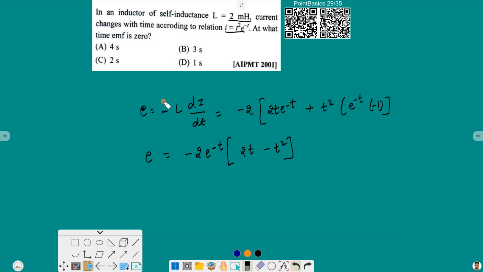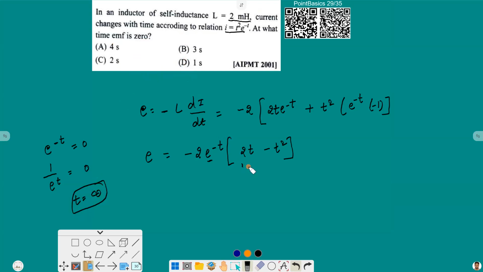As mentioned, the EMF should be 0. EMF will be 0 when either this term is equal to 0, and to reduce this term to 0, we need e raised to power minus t to be equal to 0, or we can say 1 by e raised to power t is equal to 0. In that case t will be infinite, and we can't see any option with t equal to infinite here.